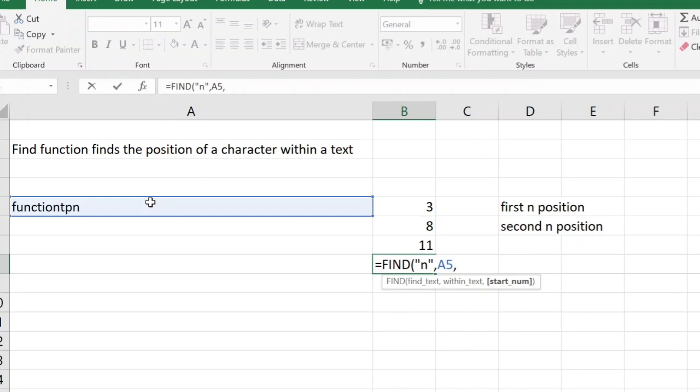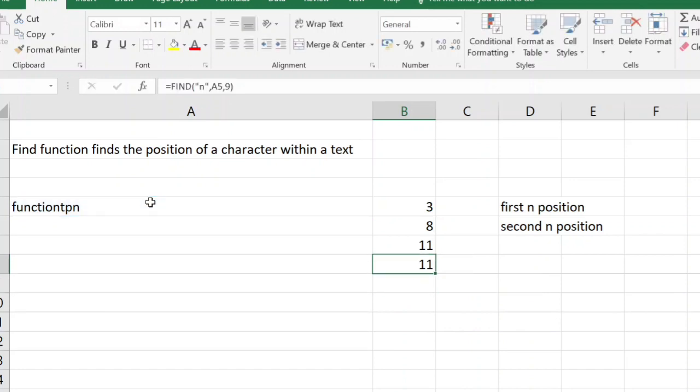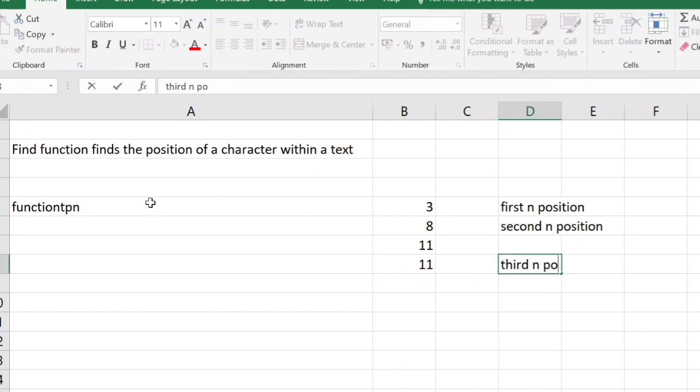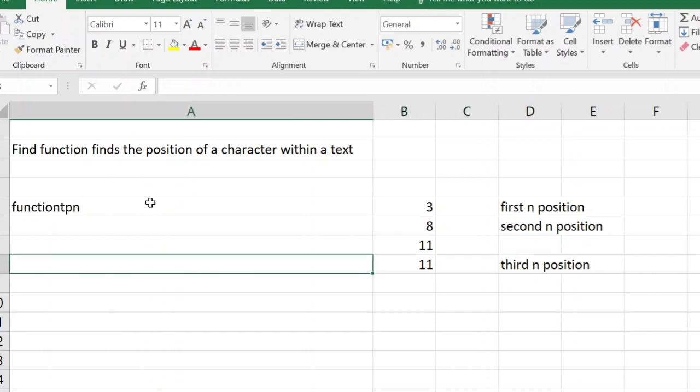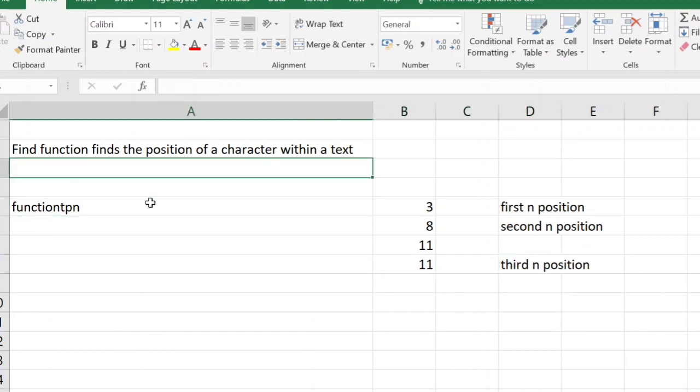For the last n, the start num should be more than 8, that is 9. We close the parenthesis and enter: 11. So this is the third n position. This is how we can find the position of any character within any text.